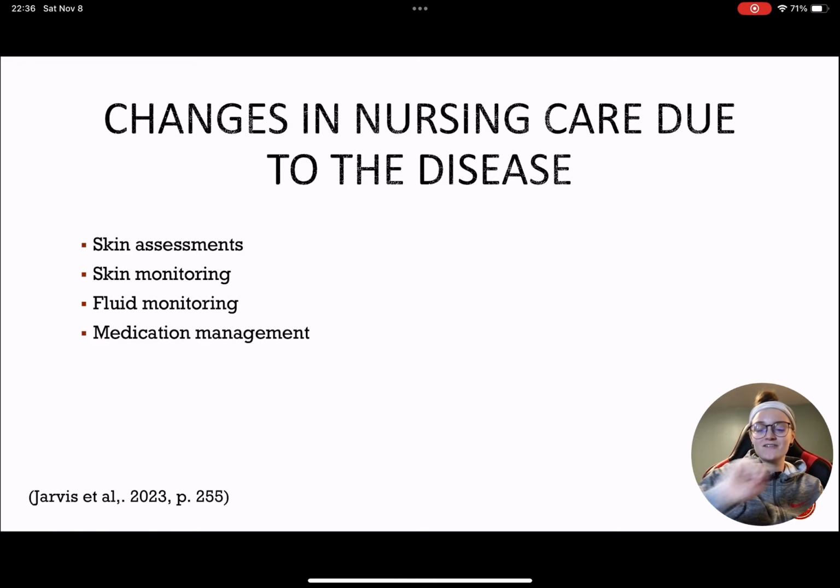If we're having hyperpigmentation and these bronzy tans, ultimately we're under production of melanin. This can affect our skin integrity overall. So ulcers are expected. Lesions are a really big one with Addison's disease.